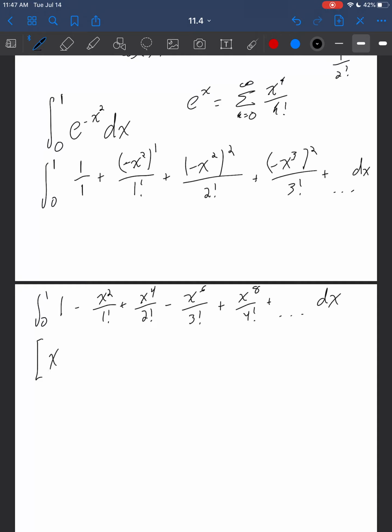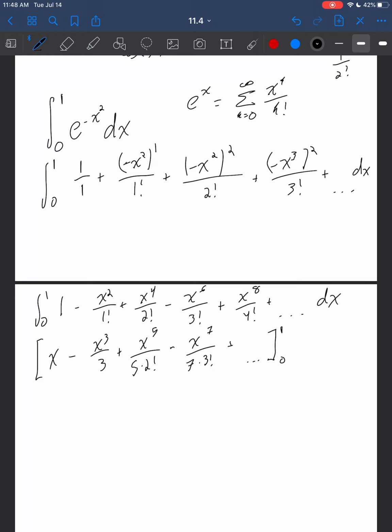So this simplifies to x, minus x cubed over 3, plus x to the 5th over 5 times 2 factorial, sorry, that should be the 5th, because we add 1 to the exponent, minus x to the 7th over 7 times 3 factorial, and so forth, evaluated from 0 to 1.